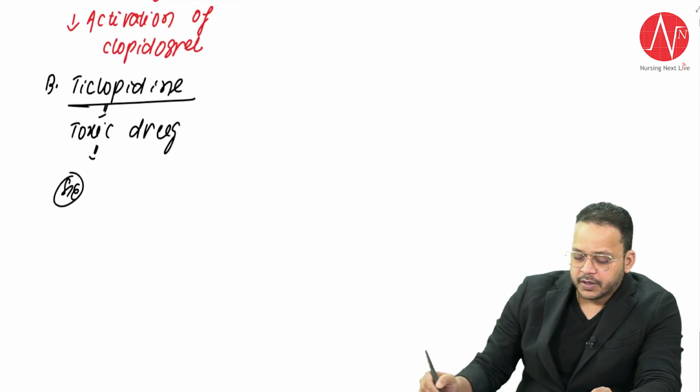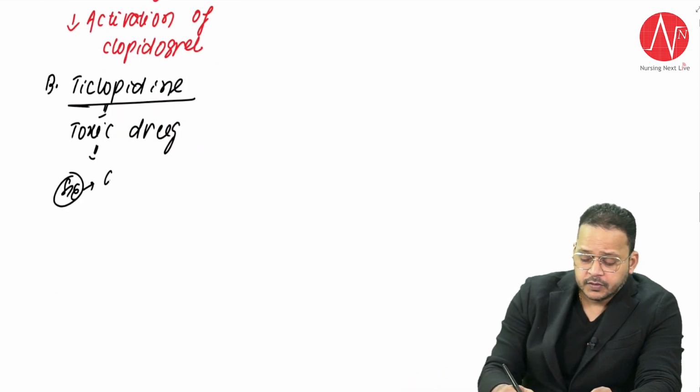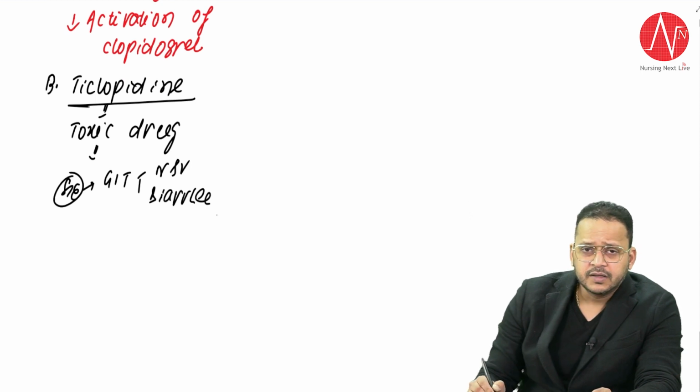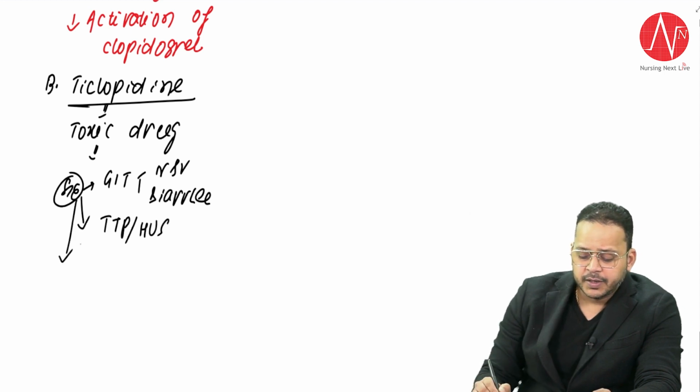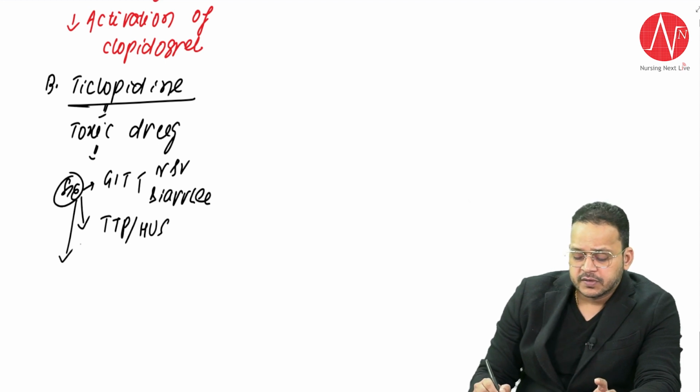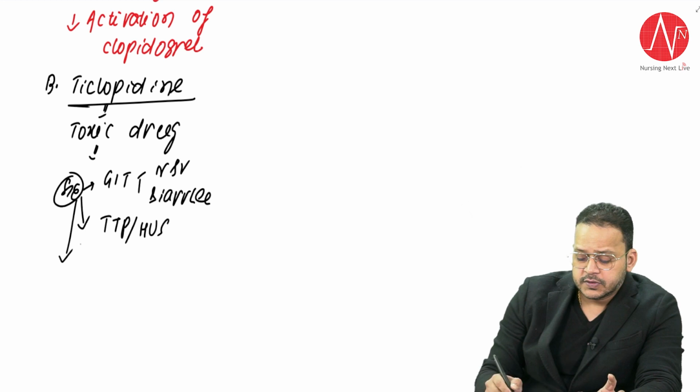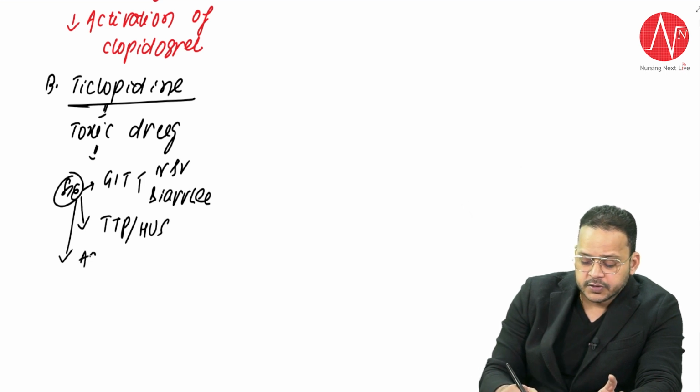And ticlopidine can cause side effects like GI side effects, nausea, vomiting, diarrhea. It can cause thrombotic thrombocytopenic purpura, hemolytic uremic syndrome, TTP-HUS. And it can also cause agranulocytosis.